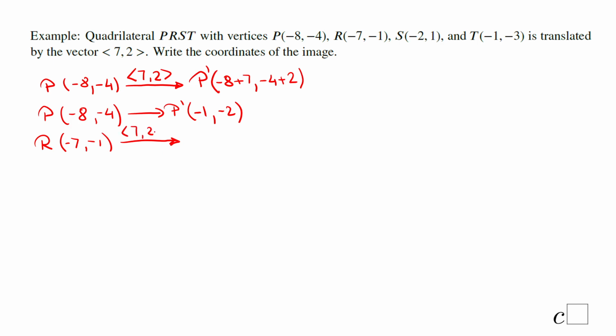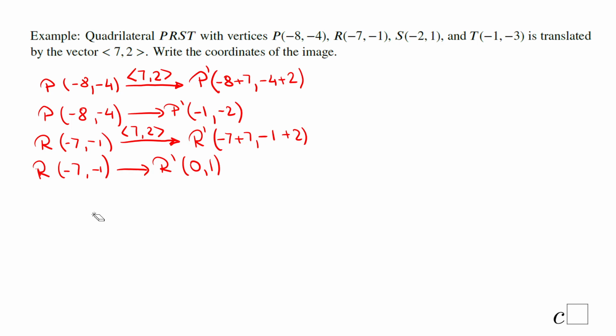That means for getting R prime, I'm gonna add 7 to the -7, and I'm gonna add 2 to the -1. So what will be the final answer in our case for point R? That will be 0 and 1.